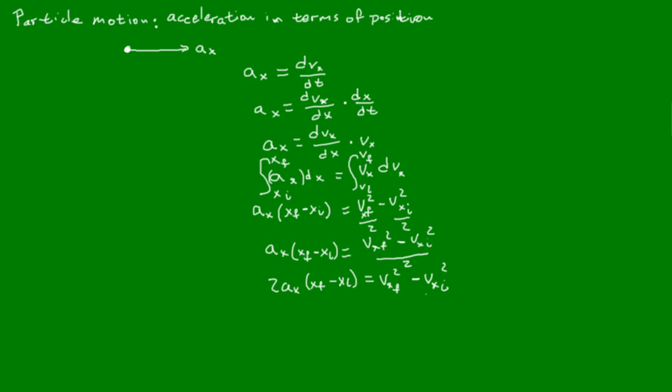So if we move the v_x initial over to the other side, we'll get a fairly commonly known equation. v_x final squared is going to be equal to v_x initial squared plus 2 times the acceleration in the x direction times the change in position in the x direction.